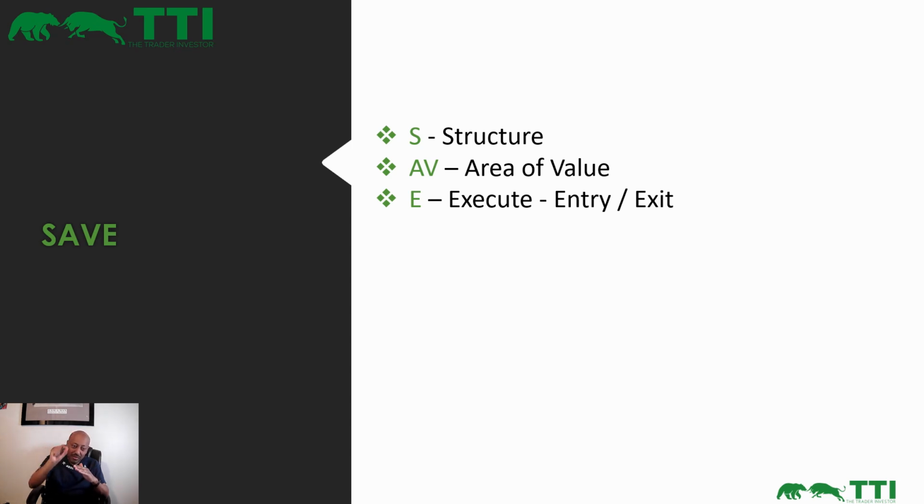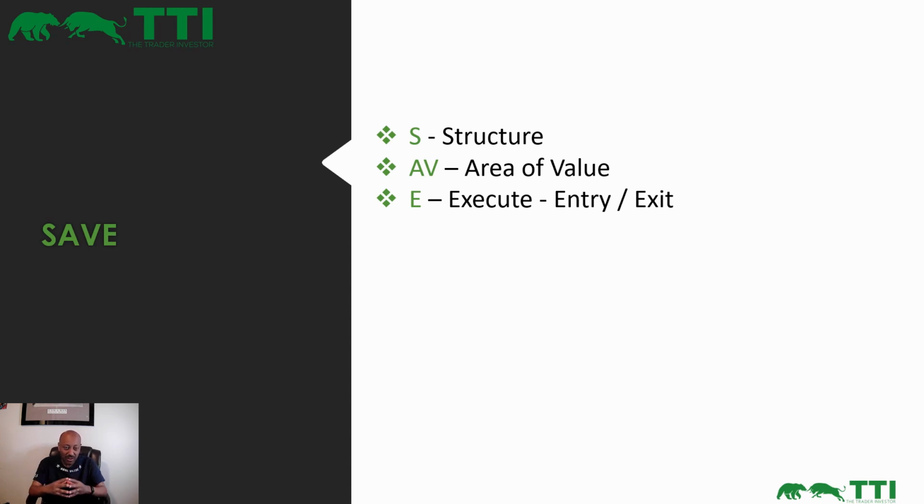We want to buy when there's a pullback, and then on a lower time frame we find that break of structure of that pullback and we enter long. And vice versa, on a downtrend we want a rally, and when that rally structure breaks we want to enter short. So that's why we have to identify area of value.